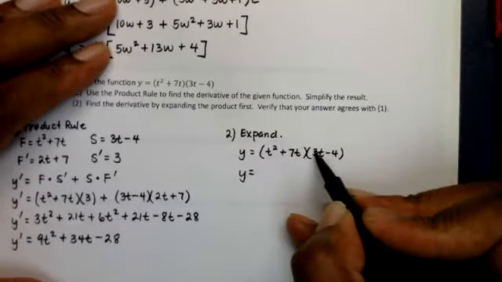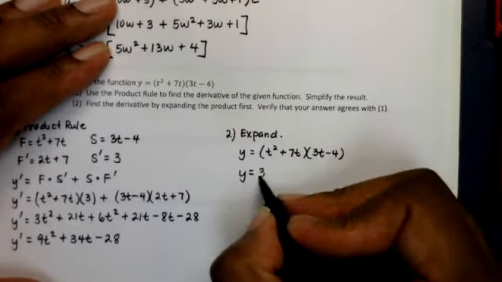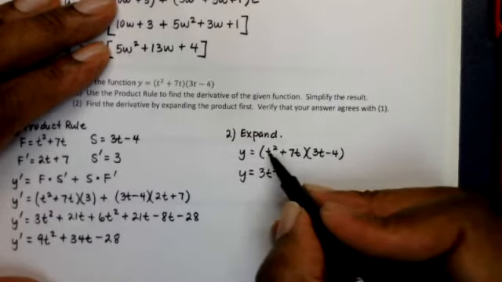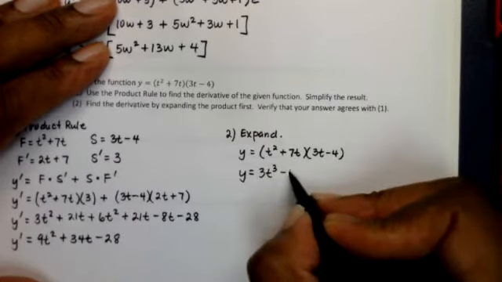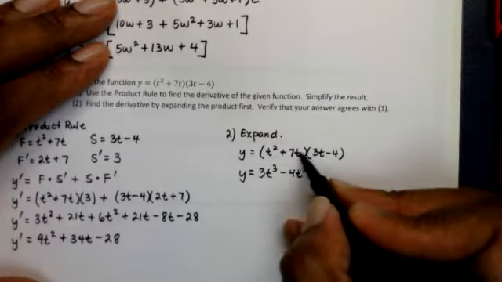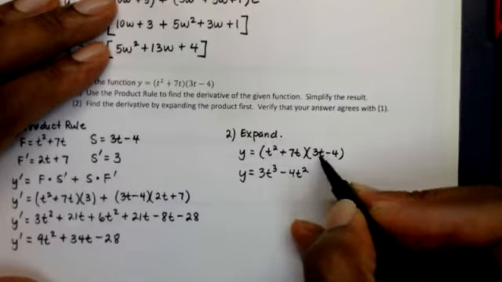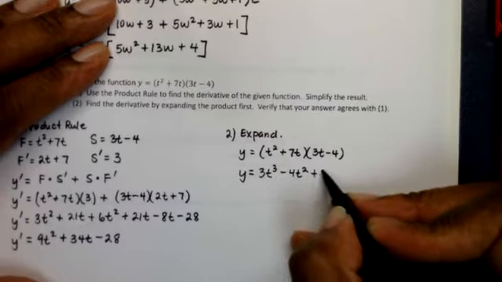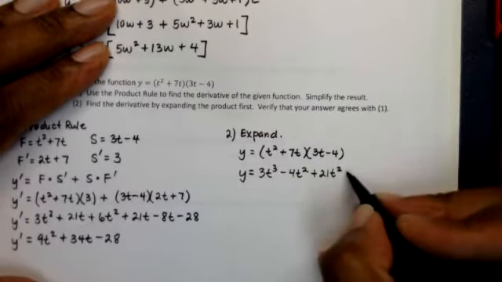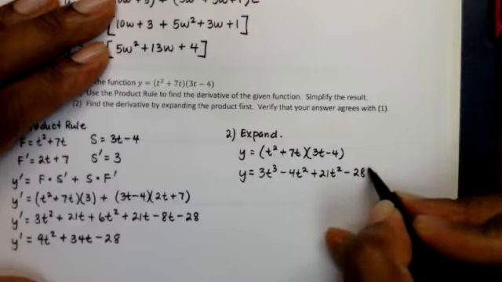T squared times 3t, that would be 3t cubed. The outer would be t squared times minus 4 would be minus 4t squared. The inside would be 7t times 3t, which would be a plus 21t squared. And then 7t times the minus 4 would be minus 28t.